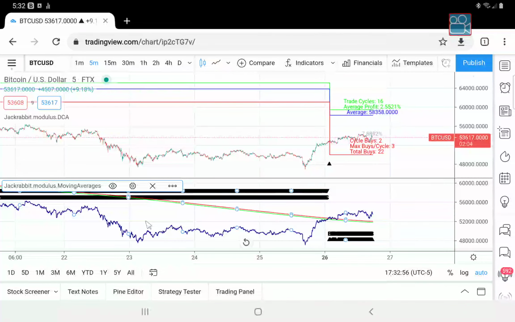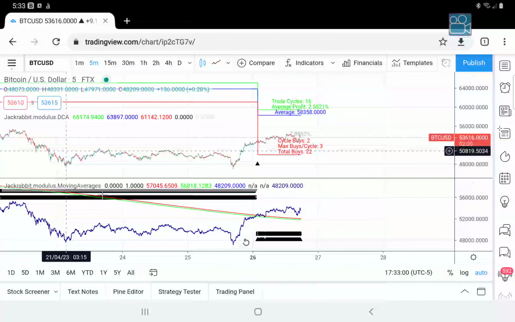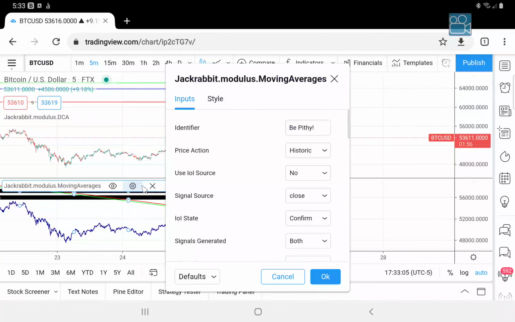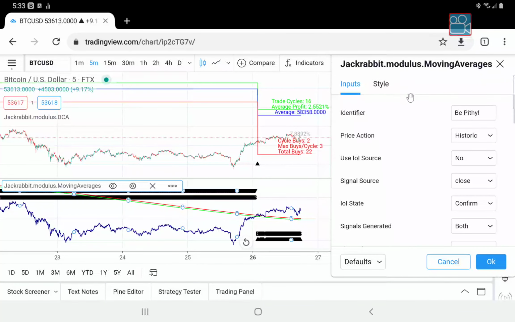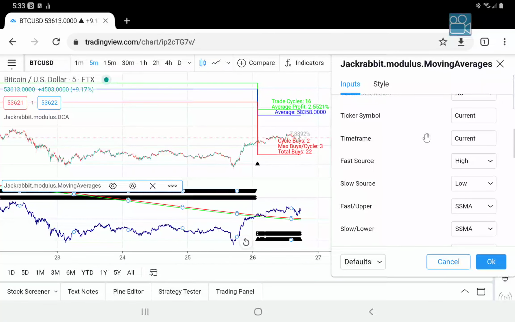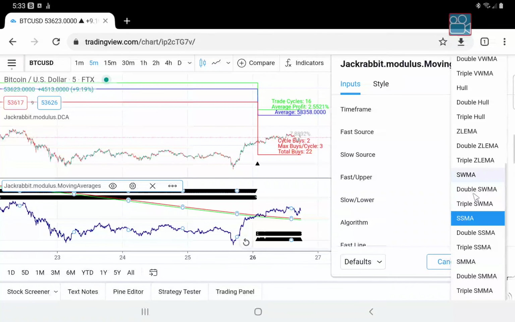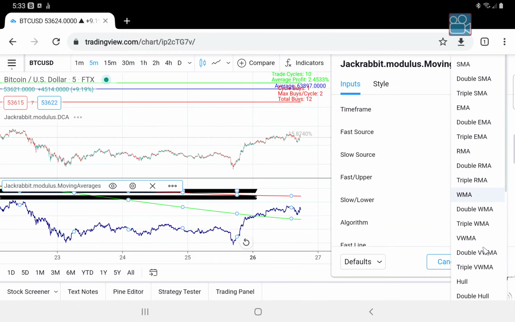So as you change various moving averages, you will have very significant changes in the way the algorithm functions. As I said, this is one of the simplest and yet most effective tools for getting in and out of the market on a reasonable level.